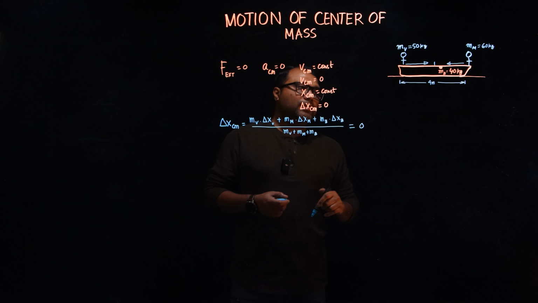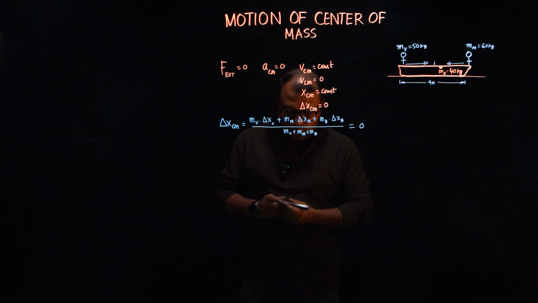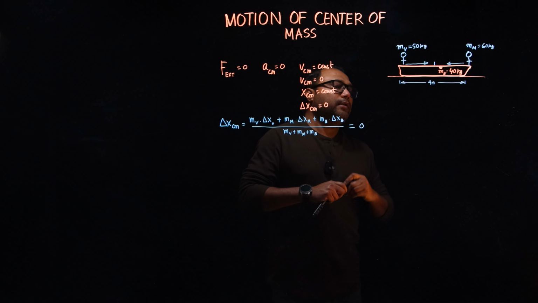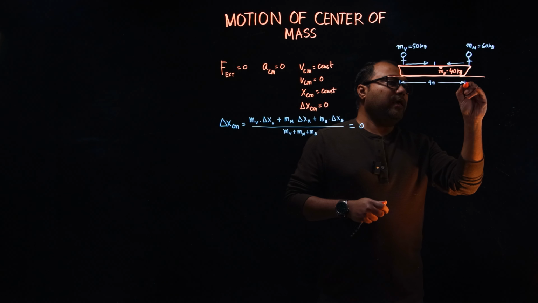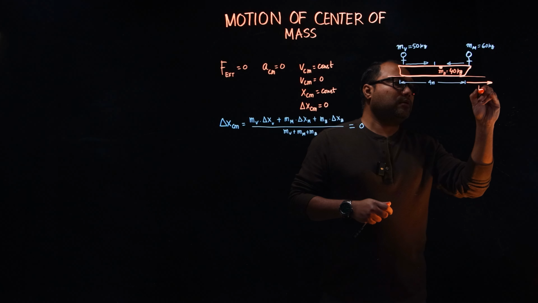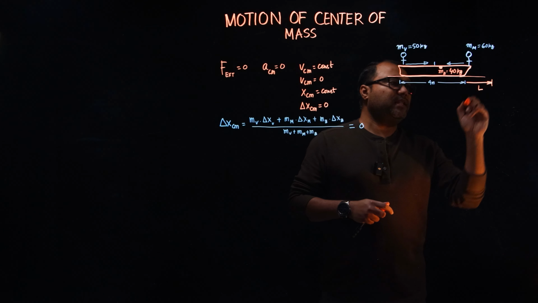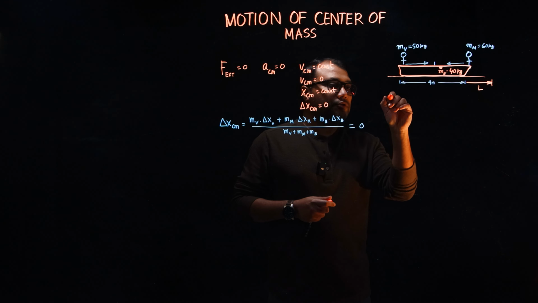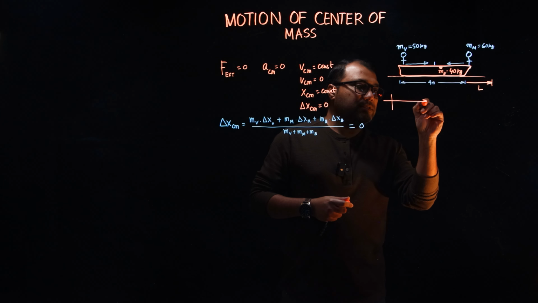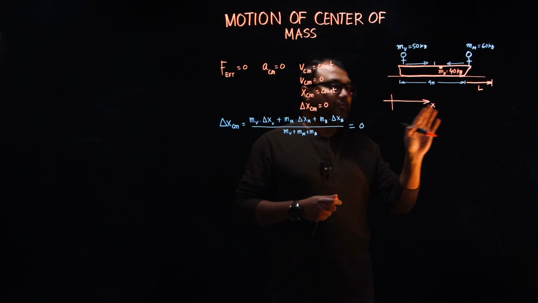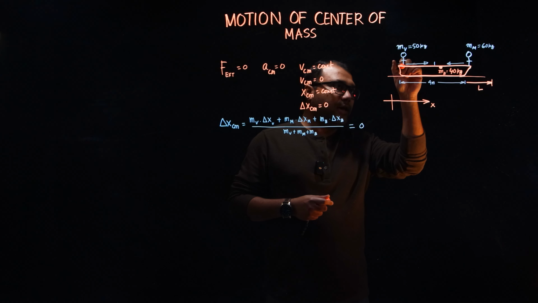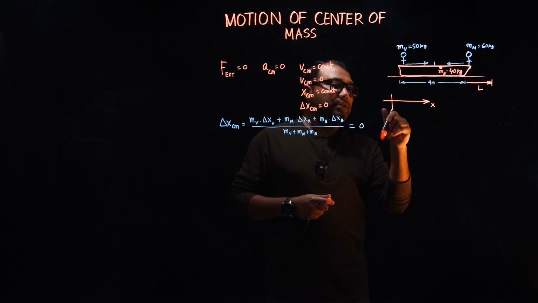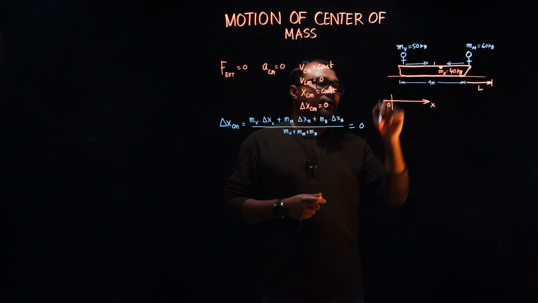Let's assume that the boat will move, let's say L meter to the right. And we will also assume that this is our coordinate system. This is the x-axis, positive x-axis that side, and our origin is at the end of the boat.